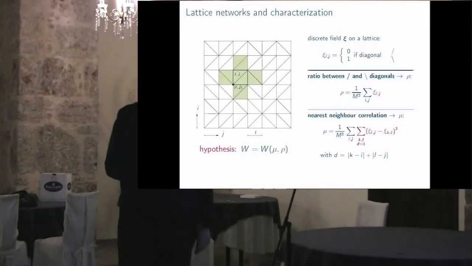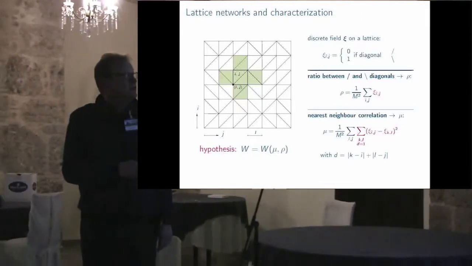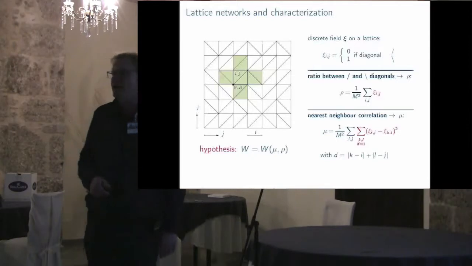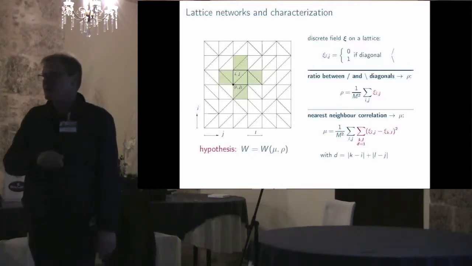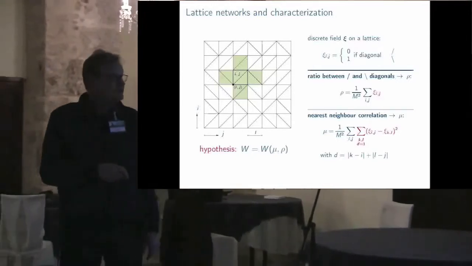We sum up for the whole structure the results of the local order measure, and we divide it by m squared, where m is the dimension of this configuration.